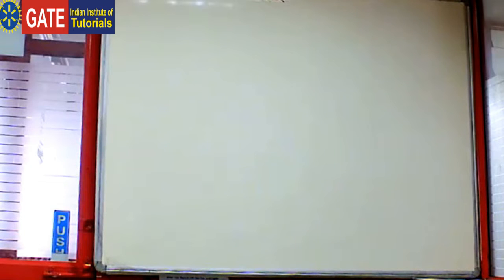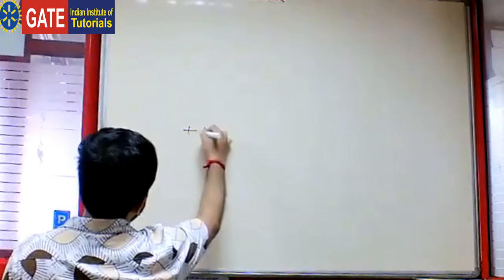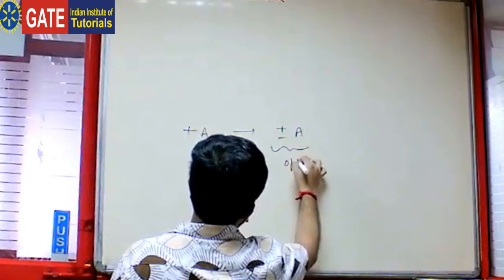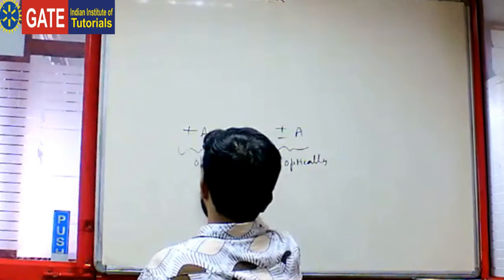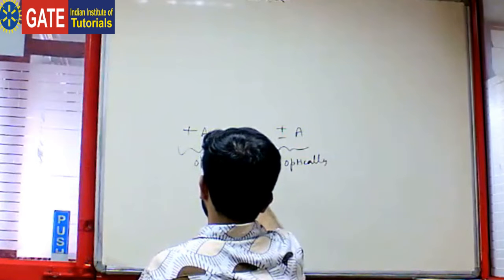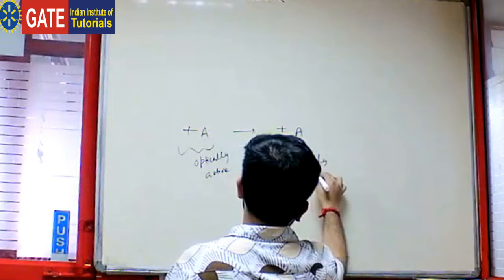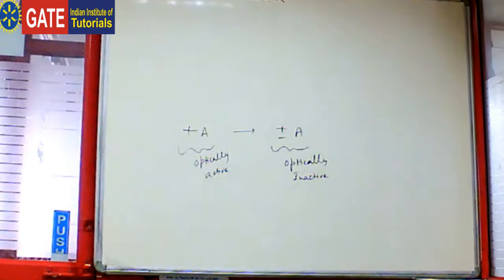So from a pure enantiomer, we are getting an optically inactive version, because suppose this is plus A, we are getting plus-minus A. This is optically active, and this is optically inactive.